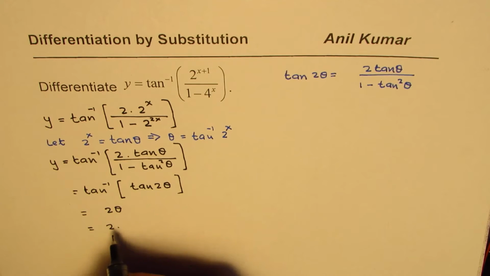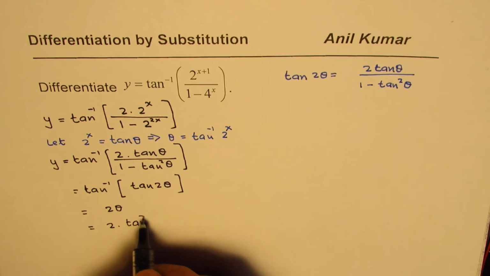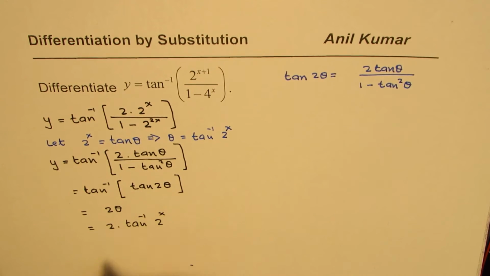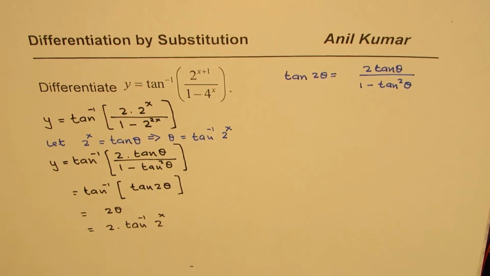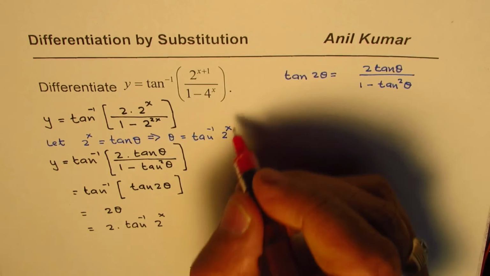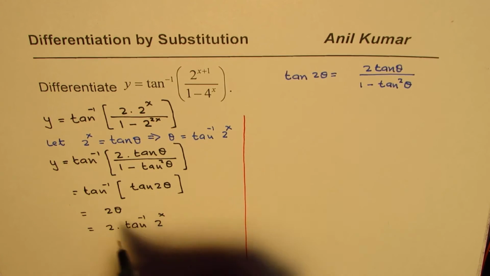So we'll substitute this value for theta, which is tan inverse of 2 to the power of x. Now we can easily take the derivative. So this is what y is. Let me write it down on the right hand side. Then we'll take the derivative and write down the answer.